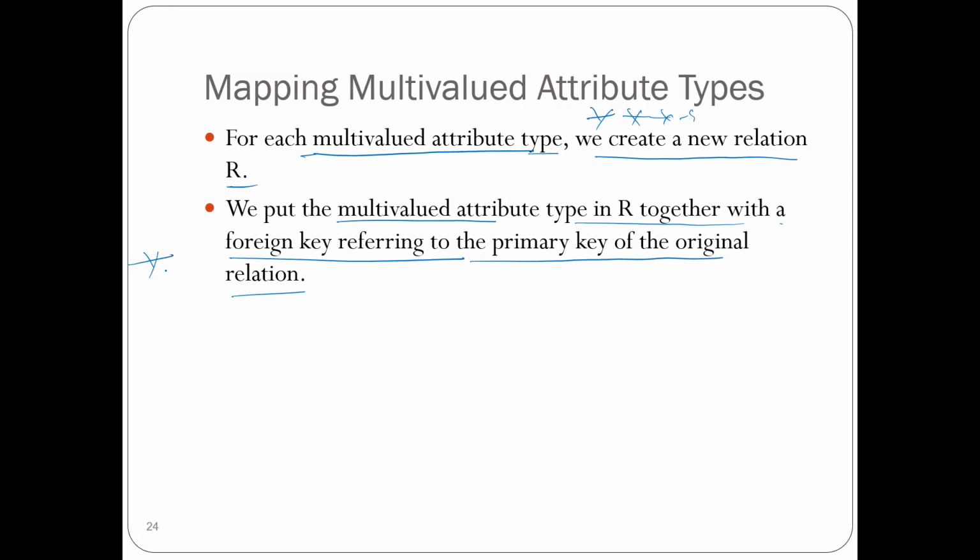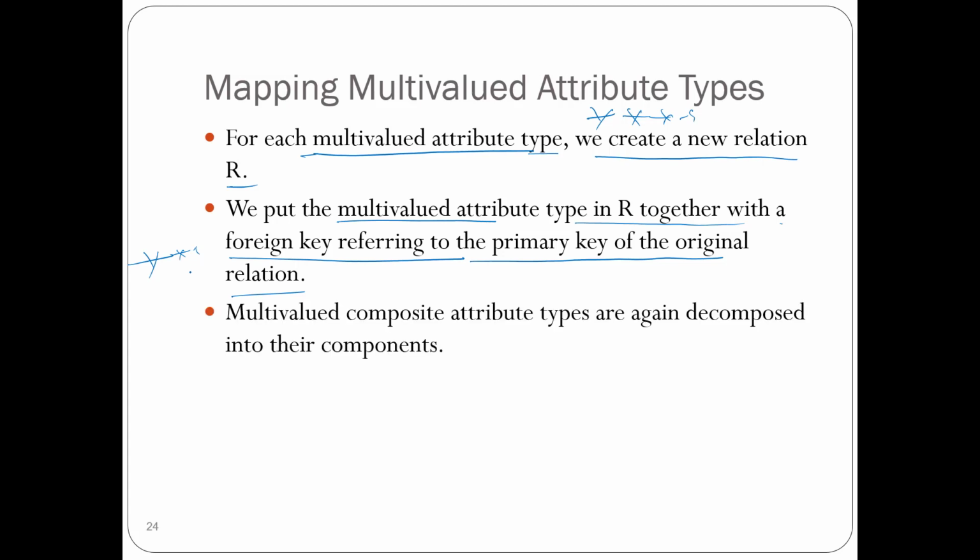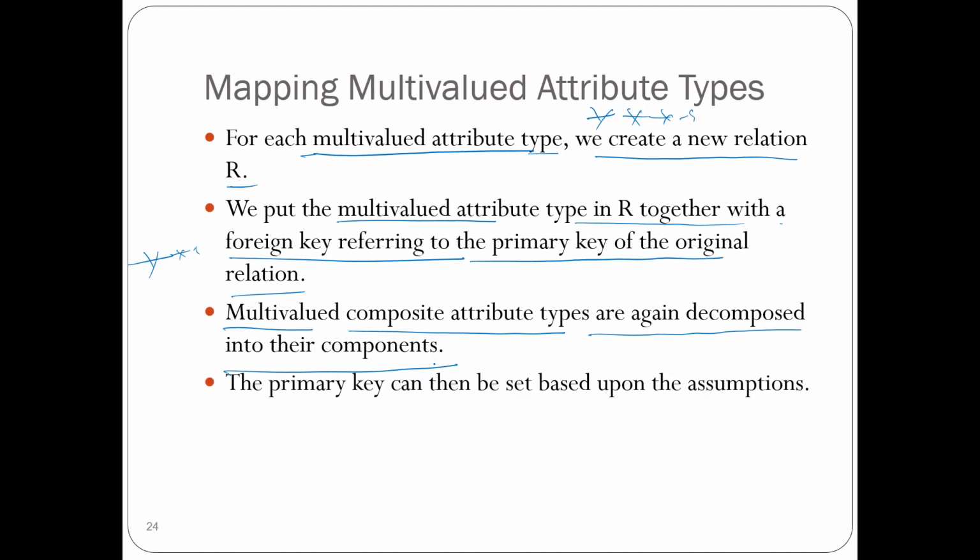This is very interesting. Okay, we have an example, and using the example I will explain. Now the multi-valued composite attribute type are again decomposed into their components. If your multi-valued attribute is composite, then you will have to break it down. So it's slightly more complex.